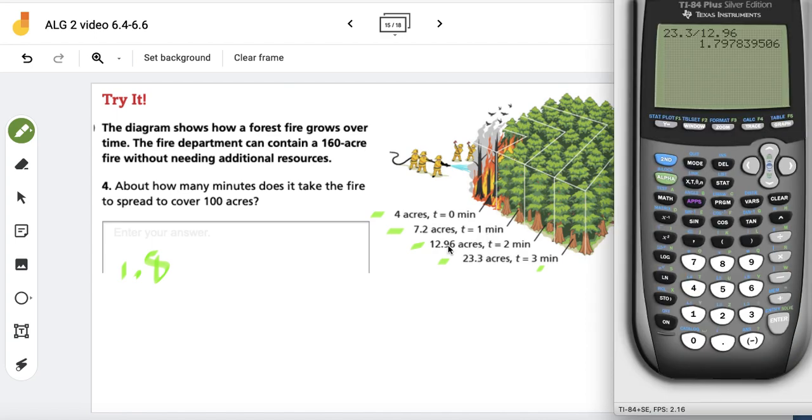Let's see if we divide 12.96 by 7.2. Because if we're getting the same ratio every time, then we can use an exponential model. 1.8, cool. I already know it comes out to 1.8 because they told us, but this is how you would discover that: they're going up by 1 minute, 1 minute, 1 minute, so you can divide these successive terms, and every time it's roughly 1.8.